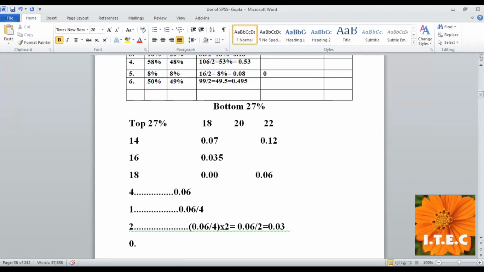Now you find out 0.12 minus 0.06, and this will be 0.06. So this is 0.06.